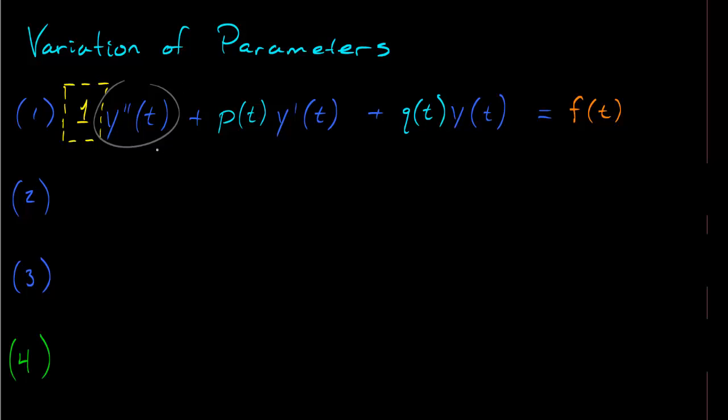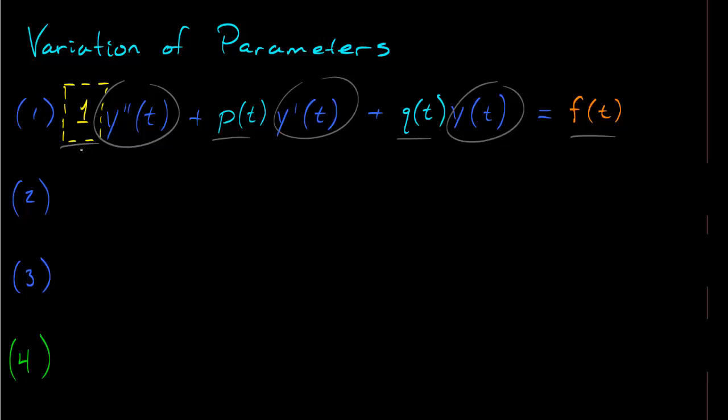What I mean by second order is that the second derivative is the highest we're allowed to take. What I mean by linear is that all we're allowed to have are functional or constant coefficients. And by non-homogeneous, I just mean that the right-hand side, f of t in this case, is non-zero.